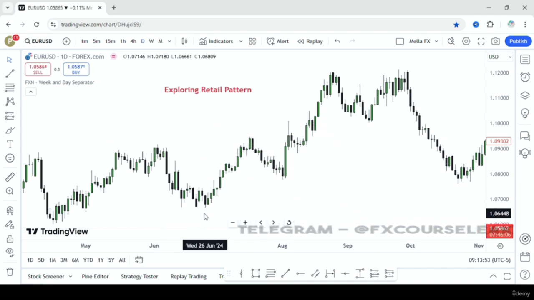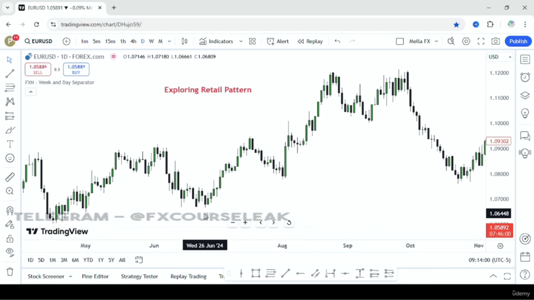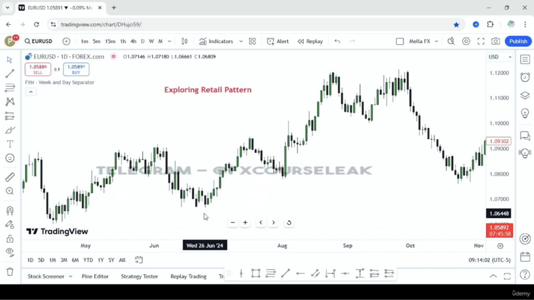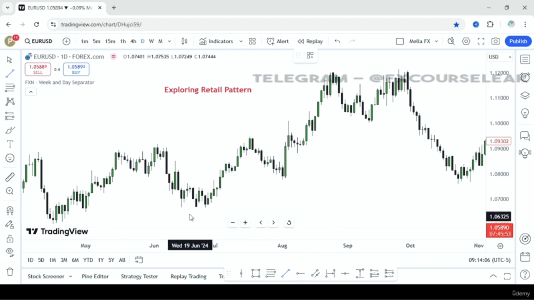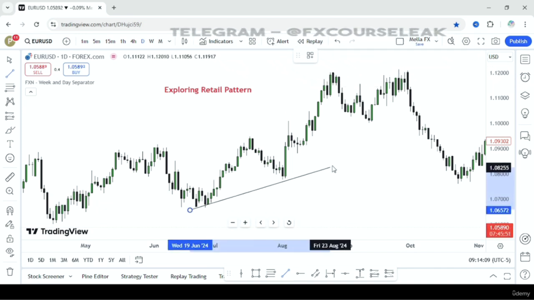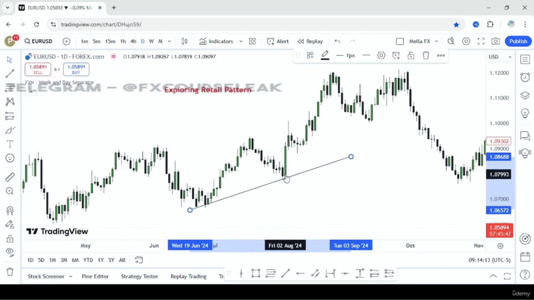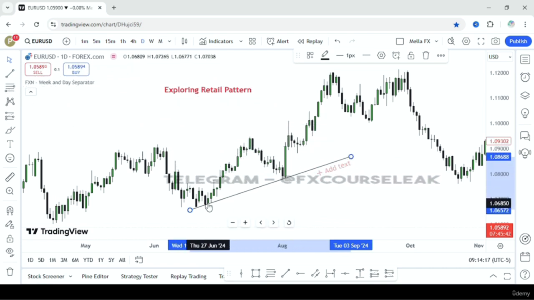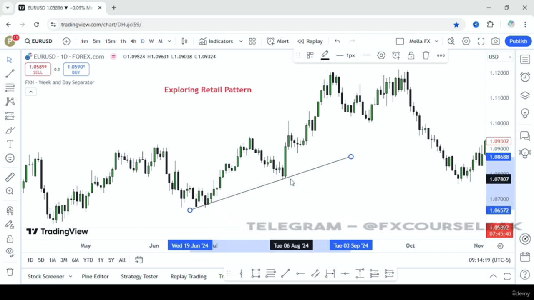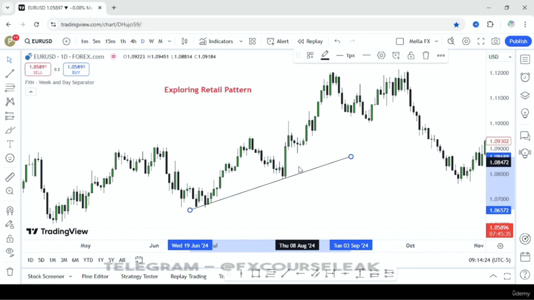I know, for me, I tried to use this pattern, but it was not making sense. Maybe for you it was not making sense too. For example, when you outline this trend line, when you anchor it on this low and on this higher low, you see that the next one will not touch it.